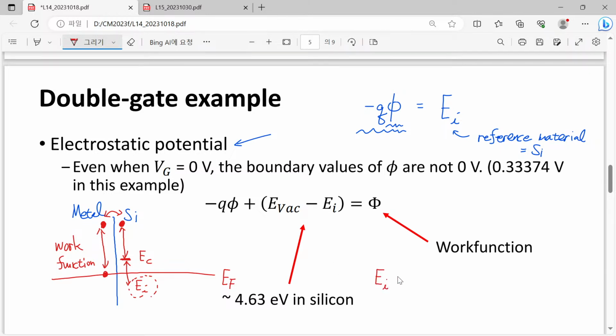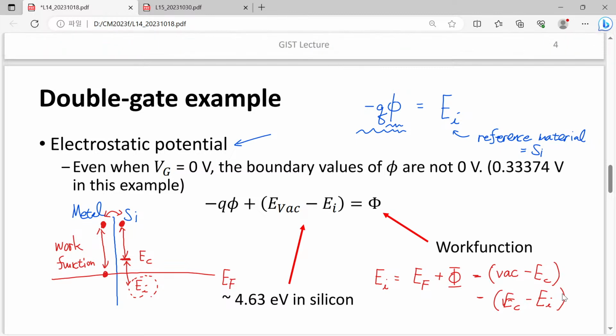EI of our reference material silicon can start from the Fermi level and work function, and also minus vacuum level minus EC, and also minus EC minus EI. That is our simple expression.